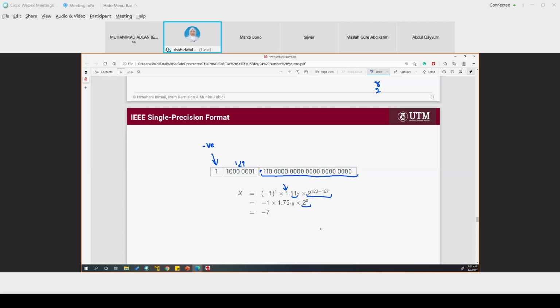Change it to decimal, that is 1.75. And this is 2 to the power of 2, which is 4. So we calculate this and you will get -7. So we can represent -7 in the IEEE single precision format to be like this. This 32 bits represents -7.